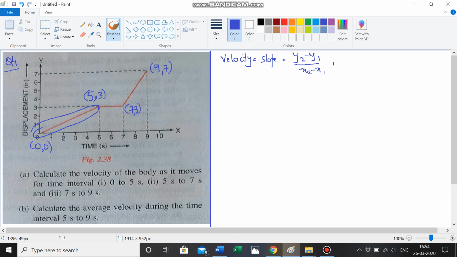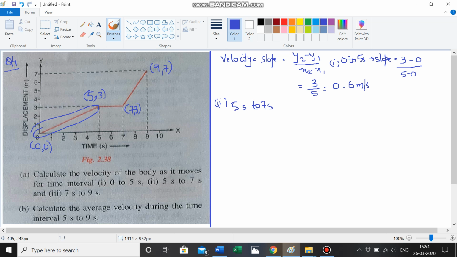So let's look at part 1 for 0 to 5 seconds. Slope will be equal to y2, which is 3, minus 0 upon 5 minus 0, which is equal to 3 upon 5, which is equal to 0.6 meter per second. That's part 1. Part 2, between 5 second to 7 second.